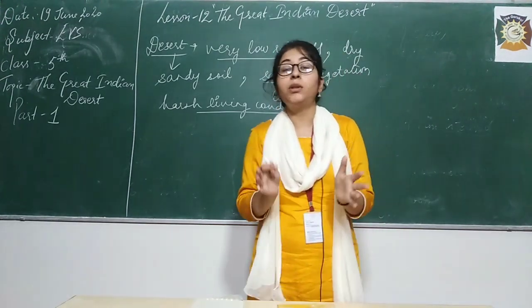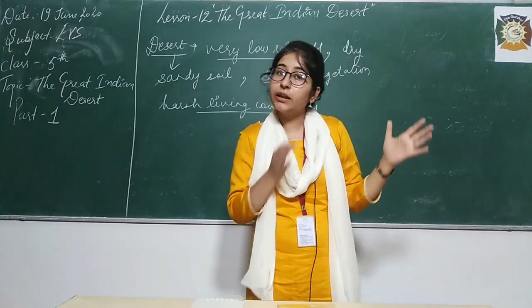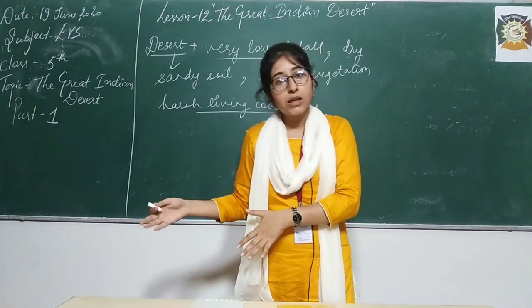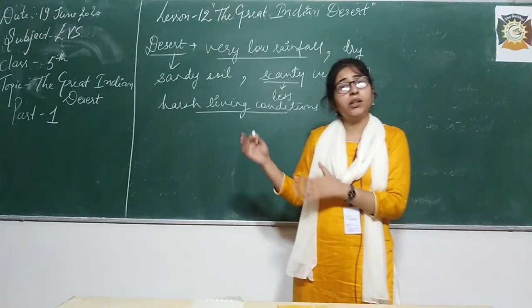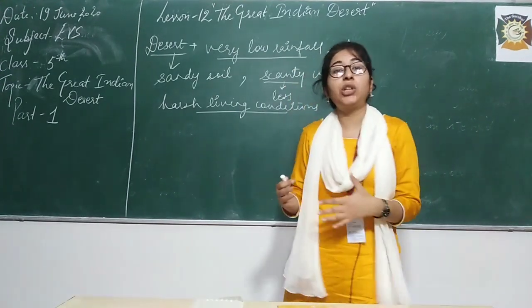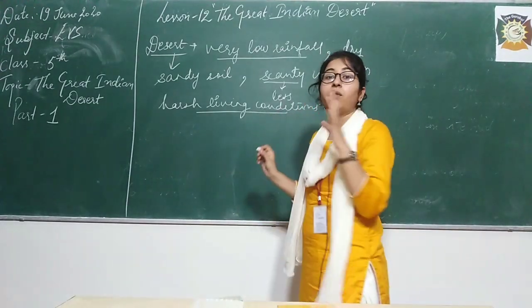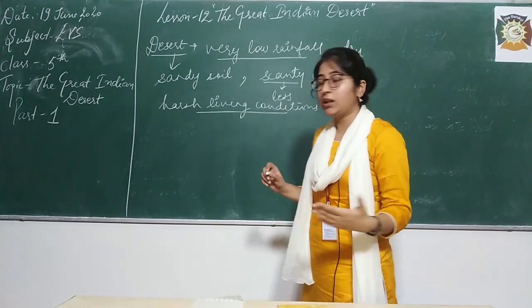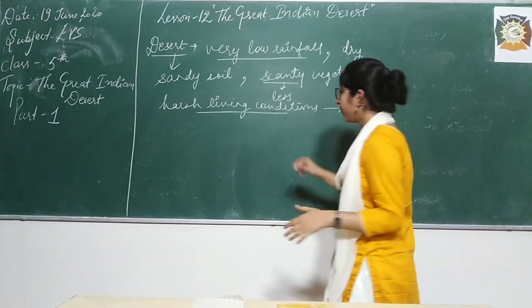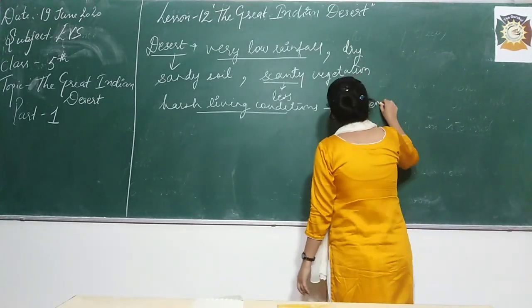Also on normal days, it is very hot in the daytime and very cold at night. So the temperature conditions are very extreme, and that's why living is troublesome in these areas. It's not that easy.